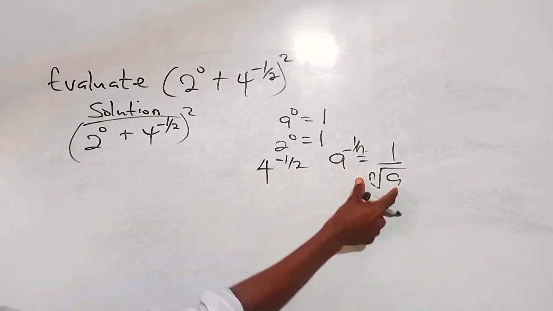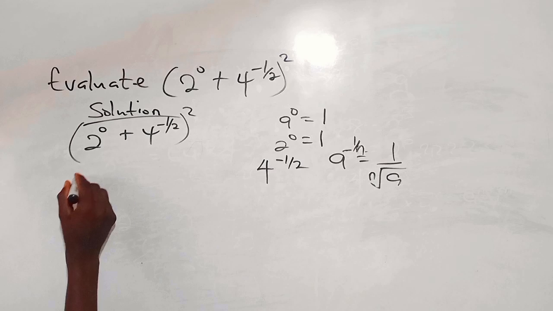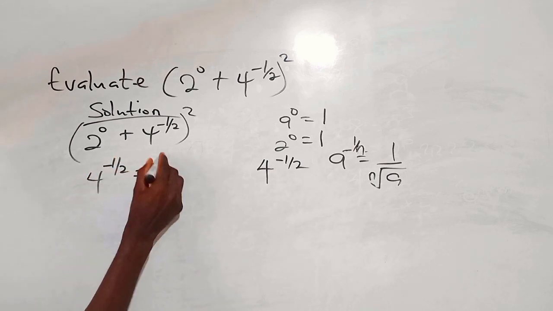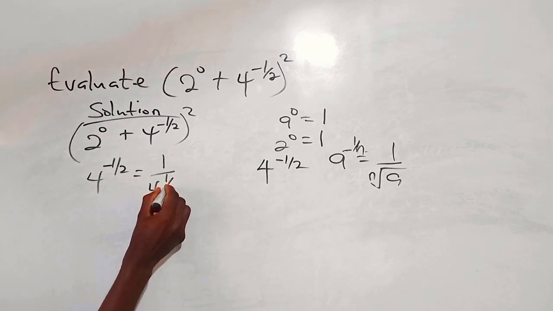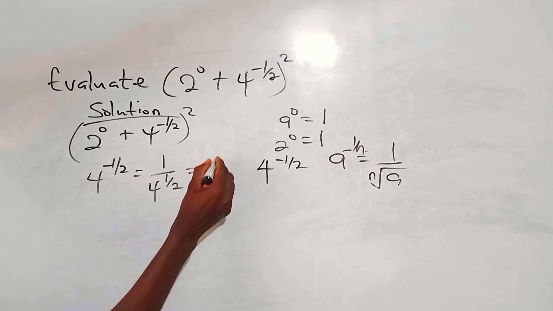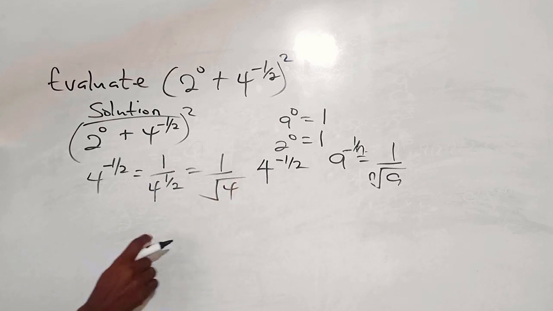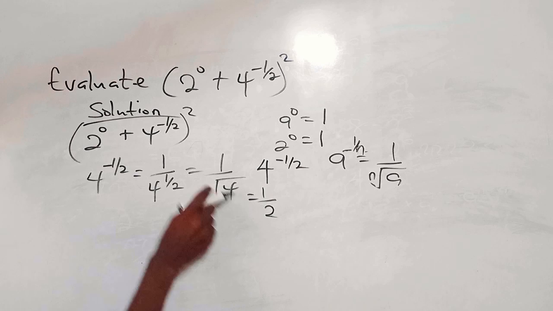So when we apply this to resolve this, we have here 4 raised to power minus half, so to remove the negative we introduce 1 over 4 raised to power half, so that means 1 over the root of 4, and for this we have this to be 1 over 2.